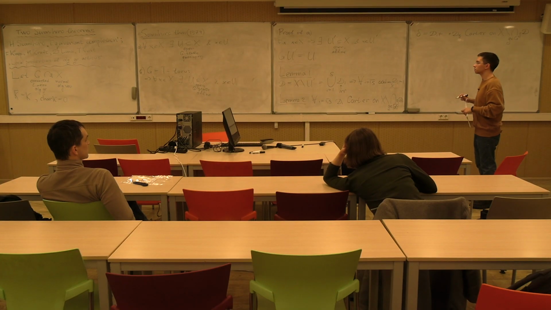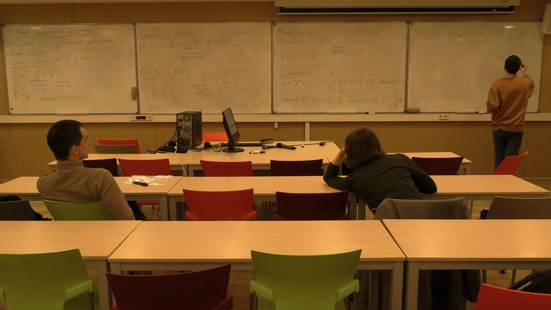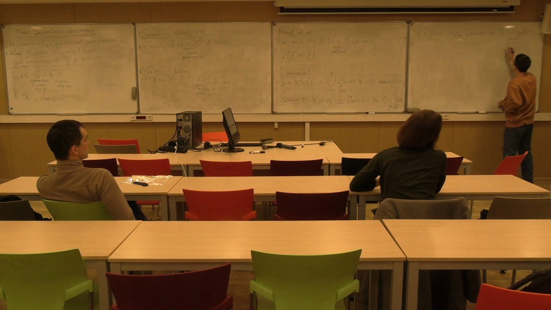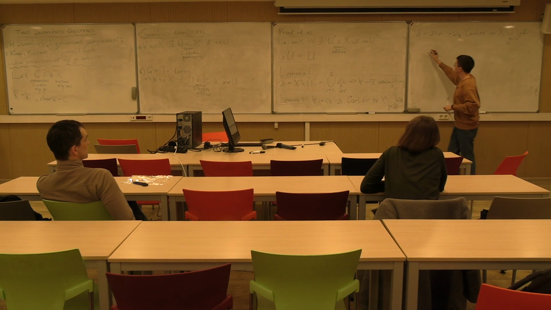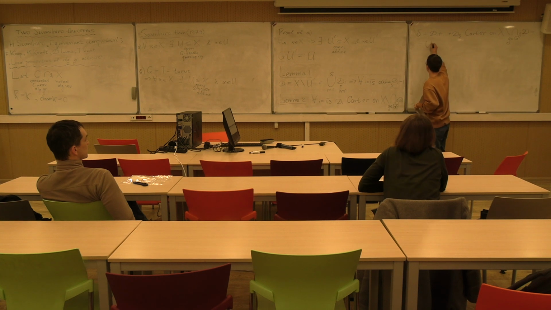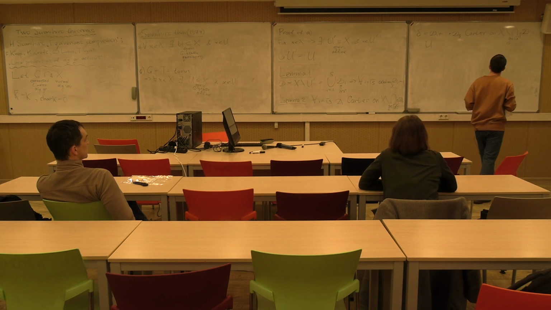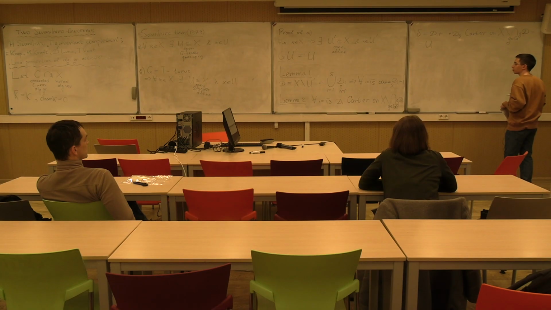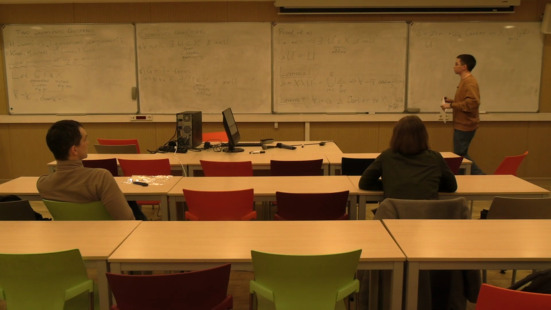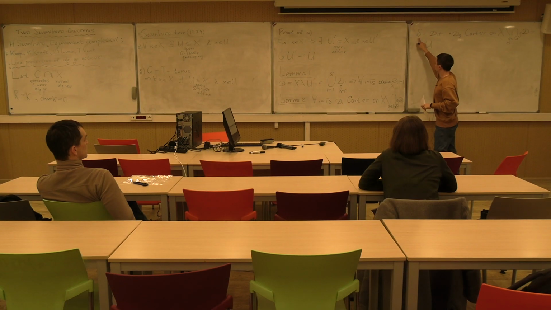This X minus this intersection is actually just U. You can see that it is the same as U. And we will work with this divisor.